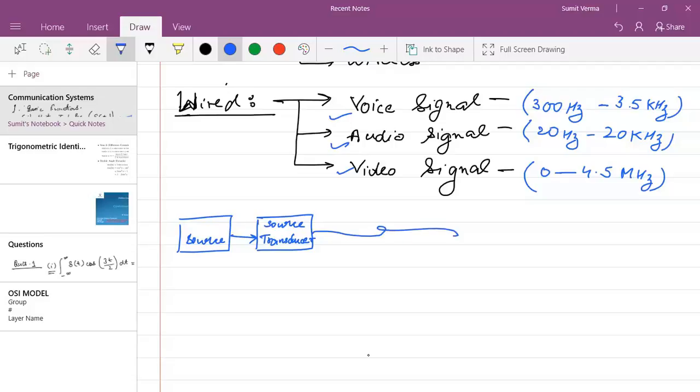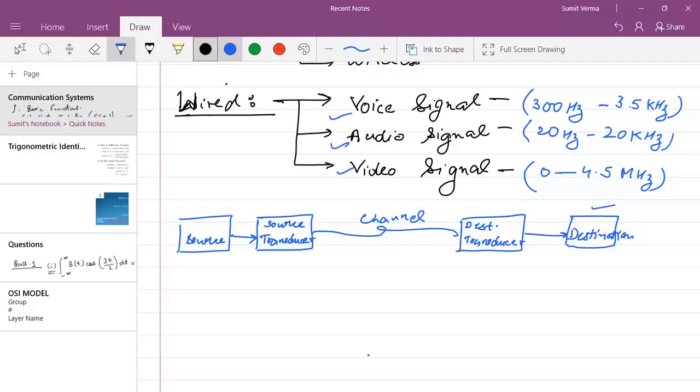So this channel is wired. Again at the receiver side, you will need a destination transducer that will do the reverse job. And then finally the information is passed on to the destination, the receiver. So this is how your wired system works.